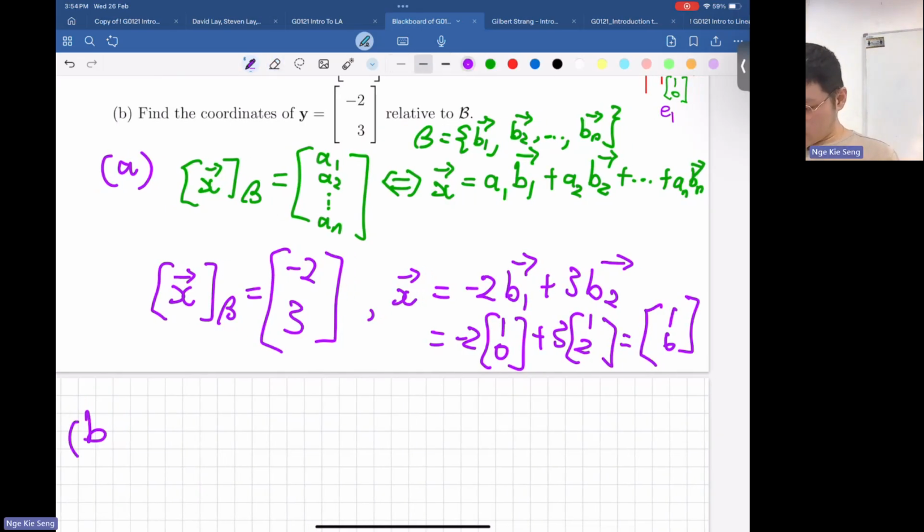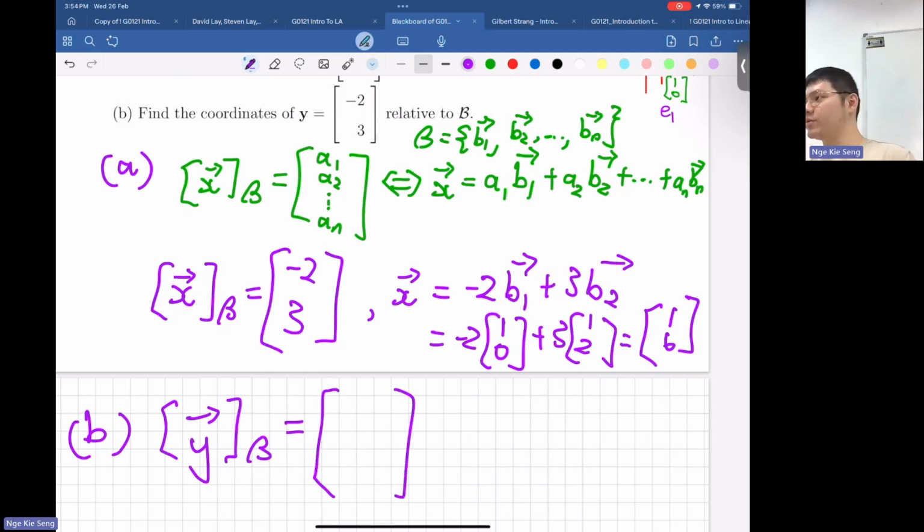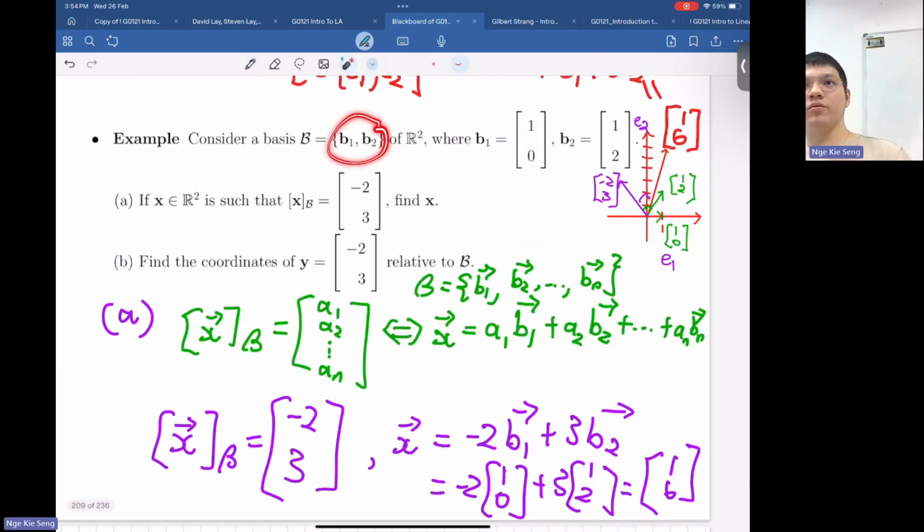We want to compute Y in B, right? How many terms? You need to know how many terms you are trying to compute first. What do you think? 2, right? Because your basis only has 2 vectors, so you need 2 coefficients here.